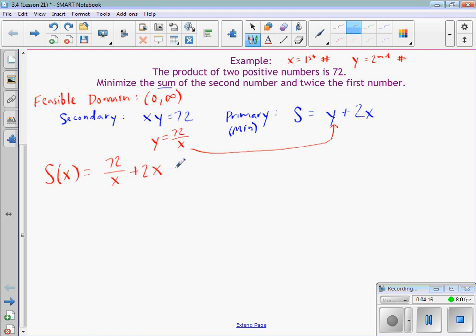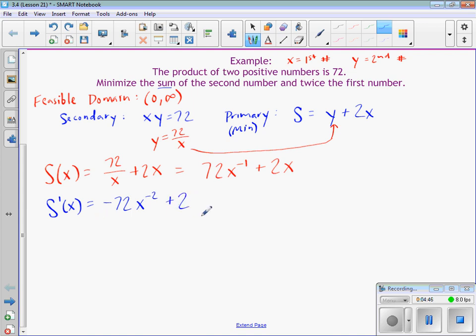Or you can write that as 72x to the negative first plus 2x. And we said we had to do what with that? Derivative. So what's the derivative? Negative 72x to the negative second plus 2.